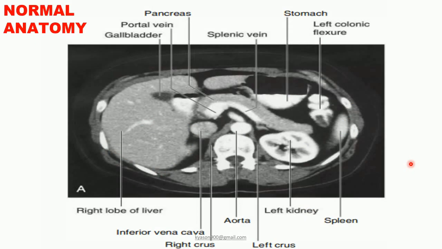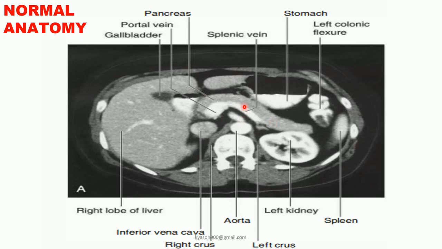Okay, so we've seen many pictures of ultrasound showing us the pancreas. There is this CT image. It can also show you the pancreas. Okay, so it's possible to appreciate the different parts of the pancreas, the relations. It's very easy to appreciate them on the CT scan.